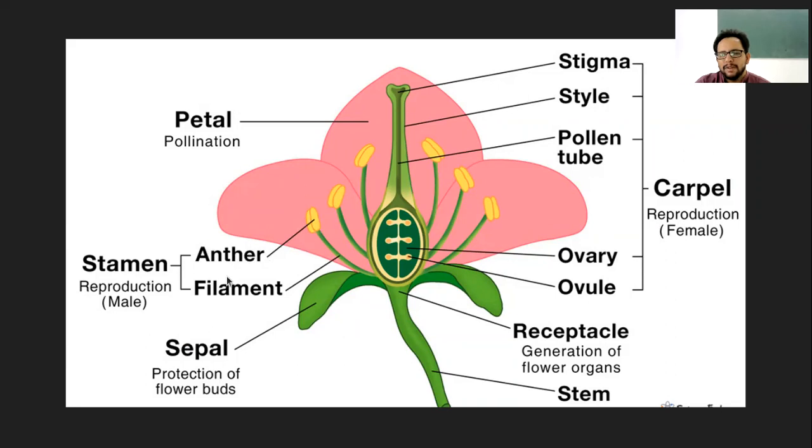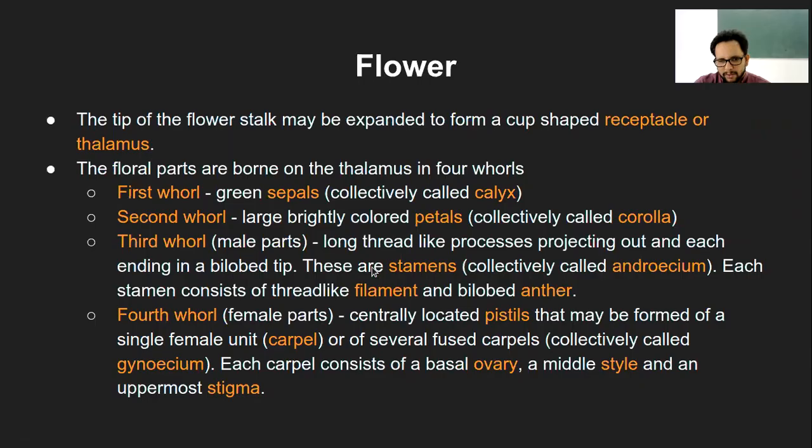Anther is bilobed, and the filament is a long thread-like structure. Collectively this is called a stamen, which is the male reproductive part. And that is what is being said here: each stamen consists of a thread-like filament and a bilobed anther.